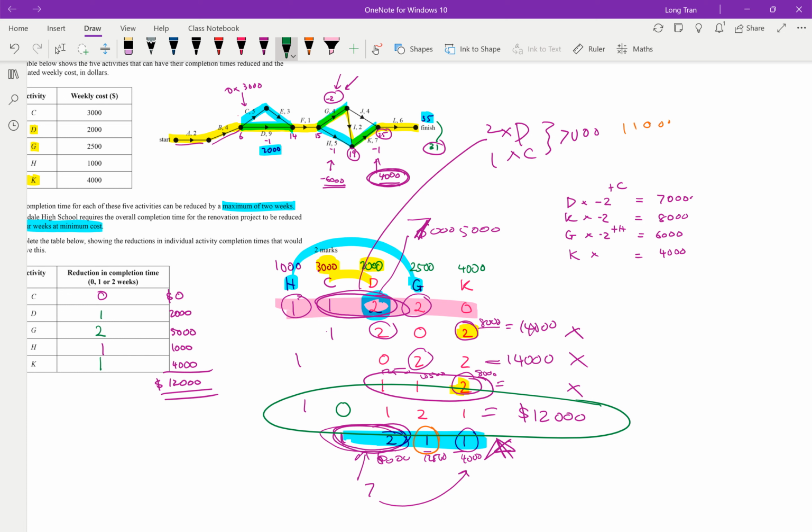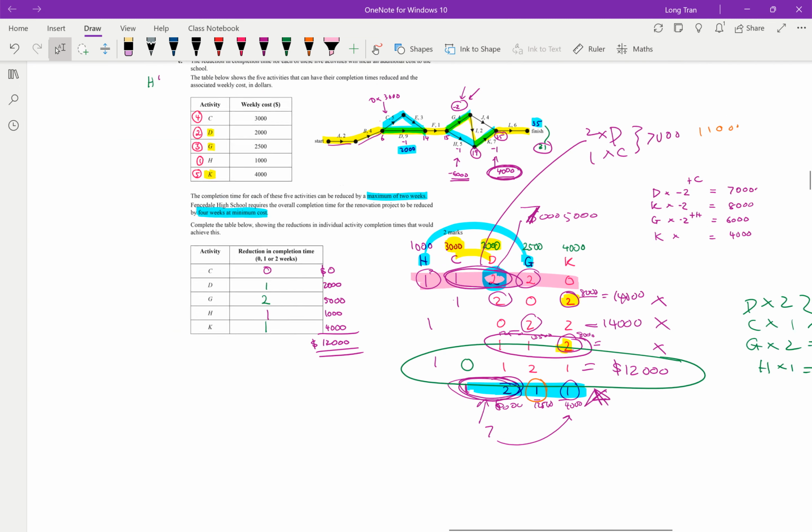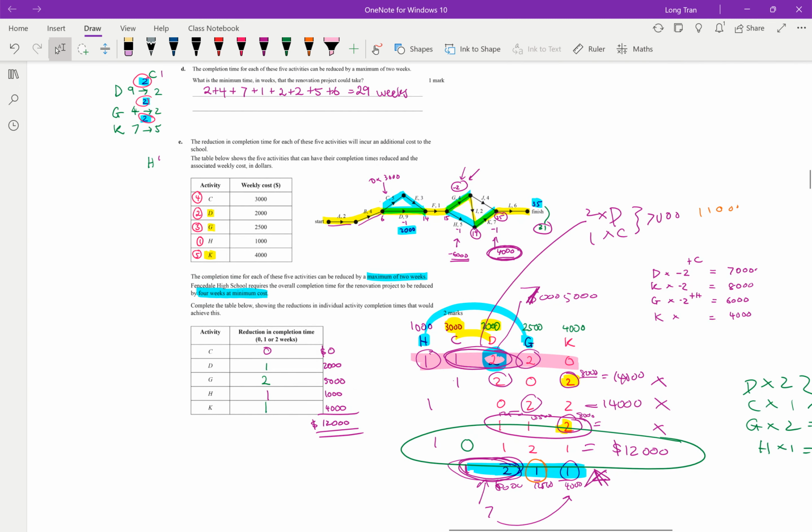That's already big. So 2 Ds has to include a 1C, but then if you add double Gs, that's already 5,000, and we know that together this was 7,000. That's already 12,000 together, and that's not even including H. So, yep, I'm very confident right now. The answer must be $12,000, but that's probably how I would have done it.